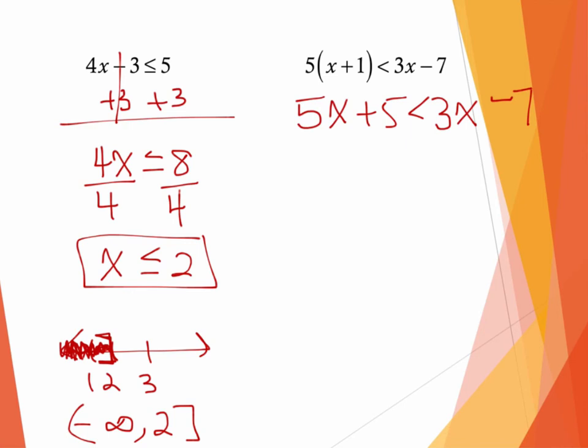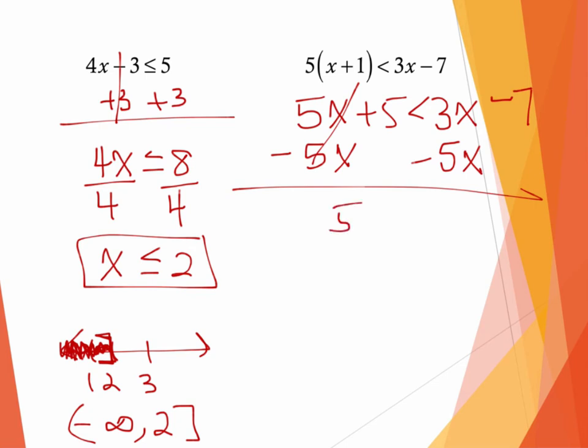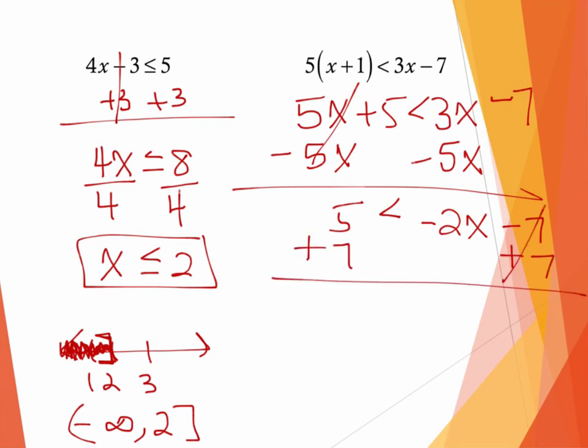I tend to always move my x's to the left-hand side because it's easier to read the inequality that way. But I can move this 5x over if I wanted to. So 5 is less than negative 2x minus 7. Then add the 7. 12 is less than negative 2x.